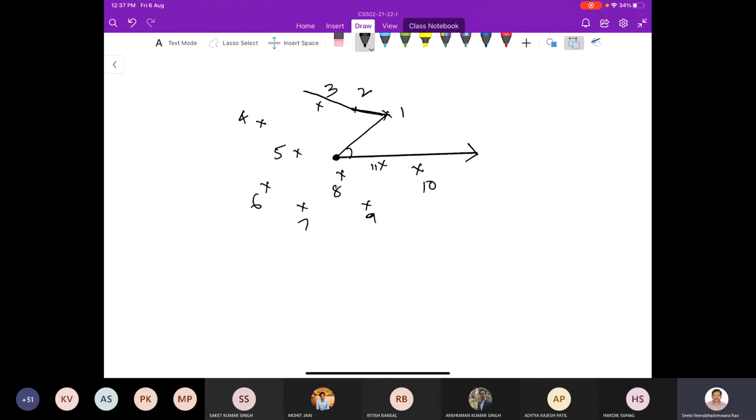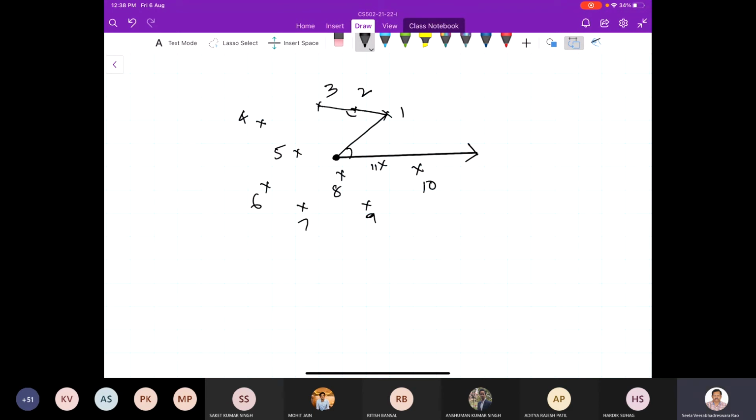And if you look at this next one, if you walk along this line in the direction 1, 2, 3, at this point we are making a left turn.